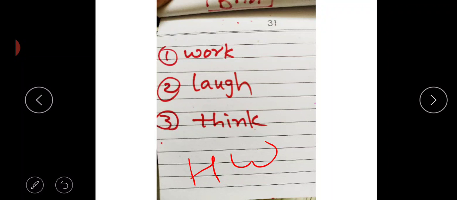And we must use s or es with the verb when third person singular, that is he, she, it, is used as a subject in the sentence. With the others, that is first person singular and plural, second person singular and plural, and third person plural, we should not use s or es with the verb. We should simply write it as the verb.